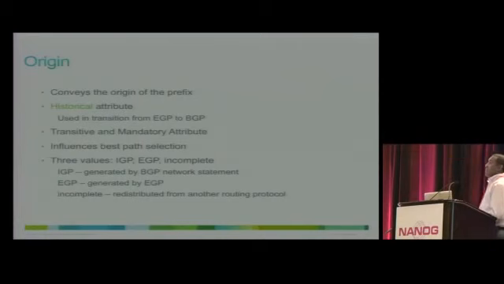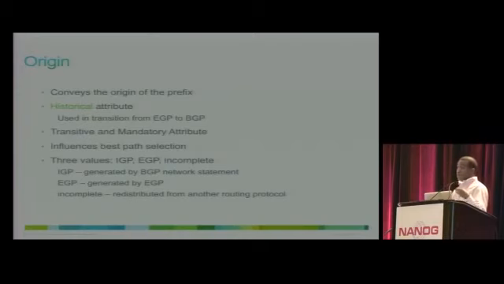It is basically depending on how you inject the route into BGP. If you redistribute the route into BGP, the origin is considered to be unknown, which means less preferred. If it is injected using a network statement, then the origin is referred to as IGP, and it is preferred.